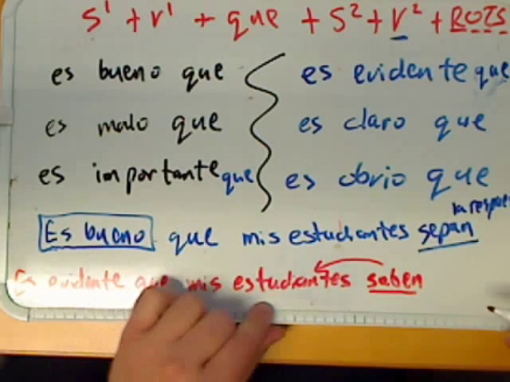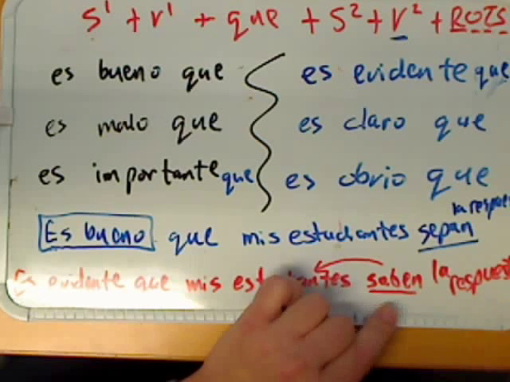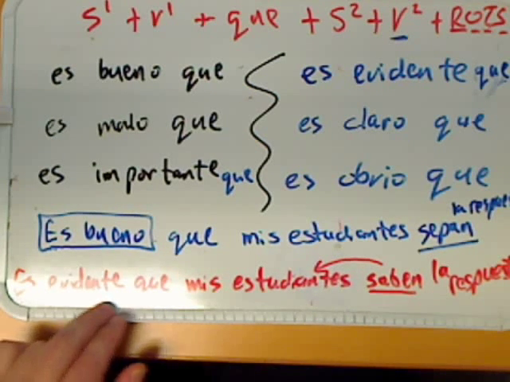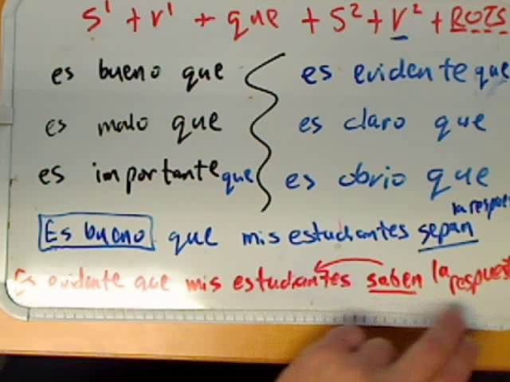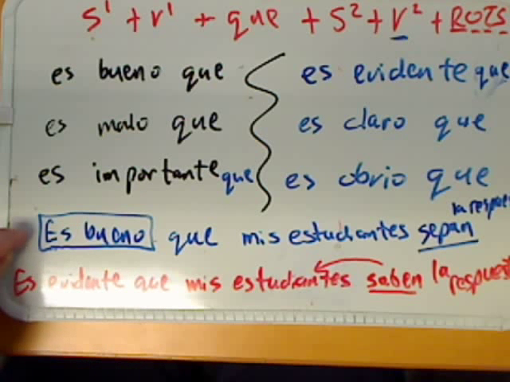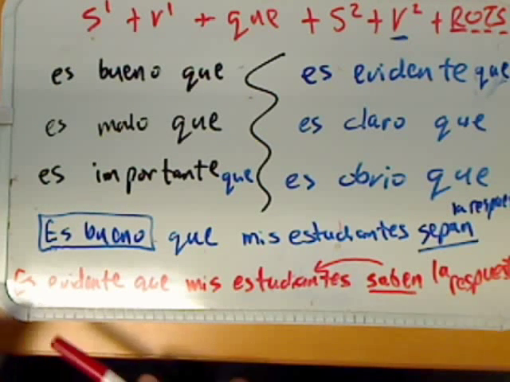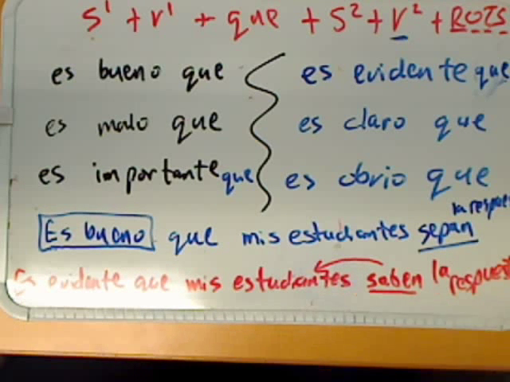Es evidente que mis estudiantes saben la respuesta. It is evident that my students know the answer. One is stating an opinion. It's a good thing that they know the answer. It is good that they know the answer. And over here, it is evident, it is clear, stating a fact. They proved it. It is evident that they know the answer.